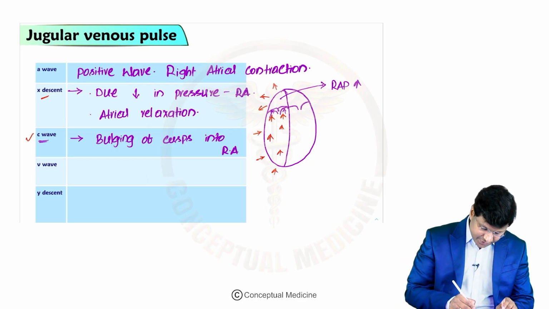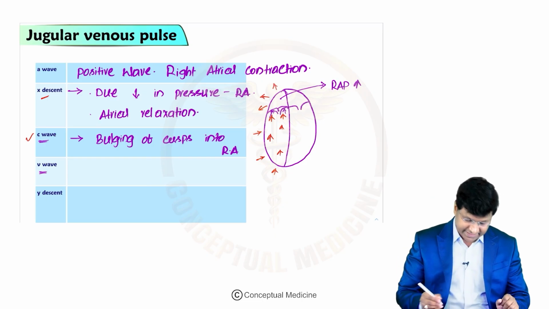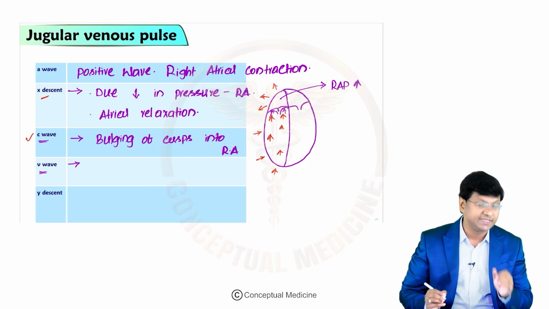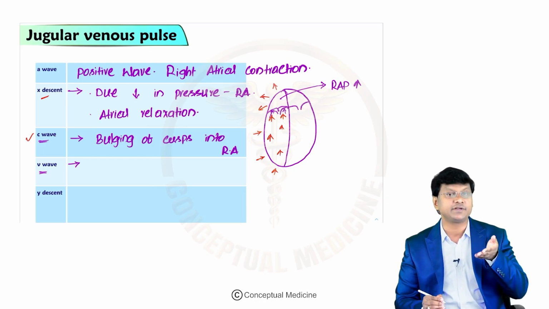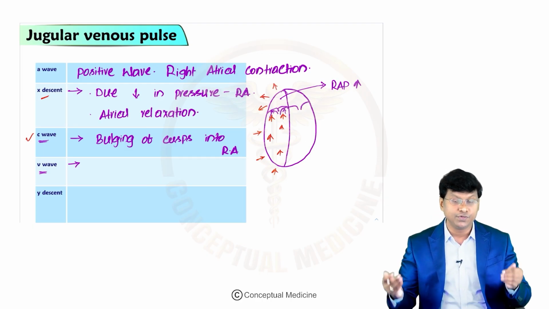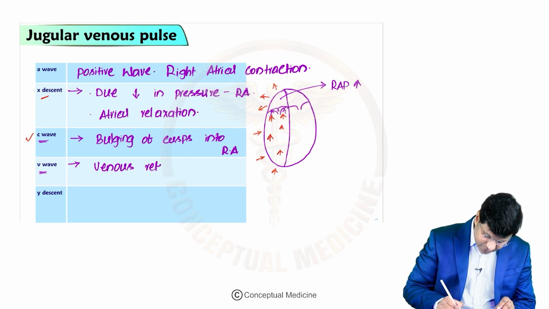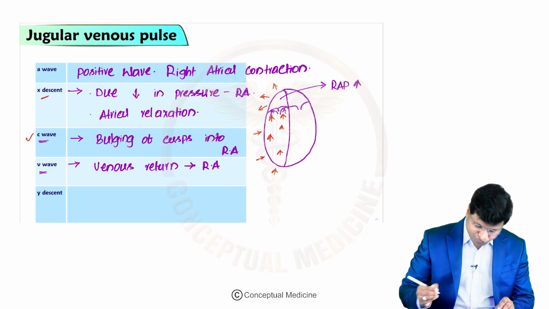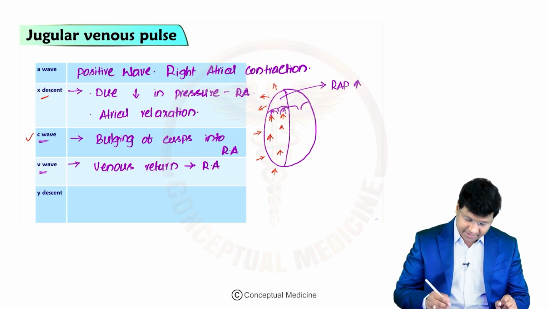Then you take the V wave. V wave is what? V wave is a positive wave. That means the V wave represents the pressure rise within the right atria, and this particular V wave is due to venous return. So during the V wave, venous return occurs to the right atria. And what is that particular venous return?